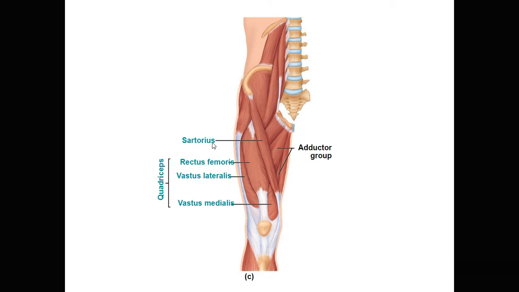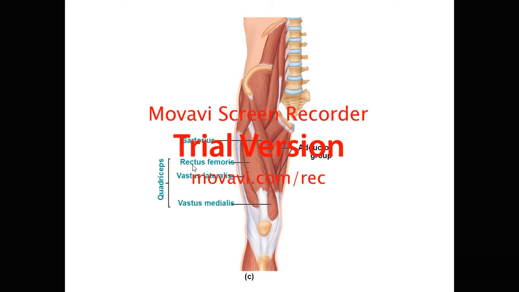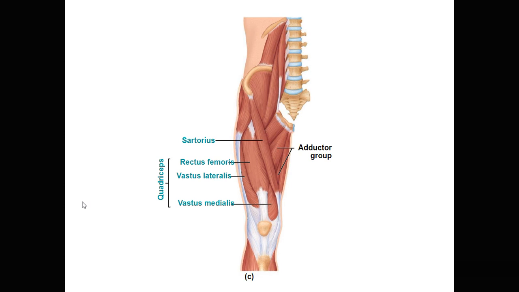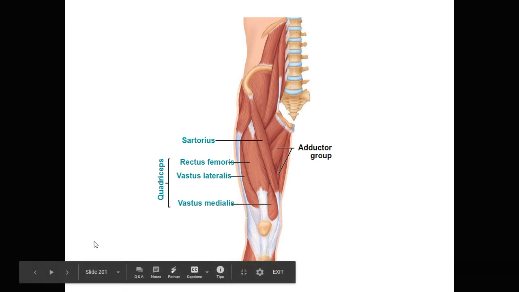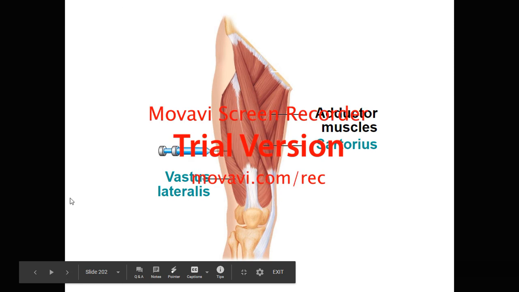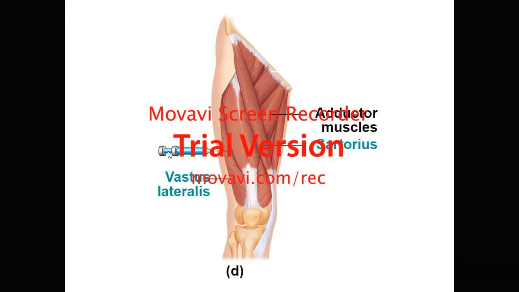Sartorius muscle right here, then your quadriceps, rectus femoris right here, vastus lateralis right here, vastus medius right here, and there's a vastus intermedius that runs underneath the rectus femoris that you can't see. The vastus lateralis is another good site for injections.